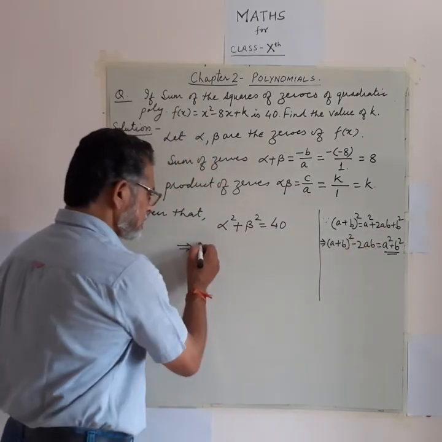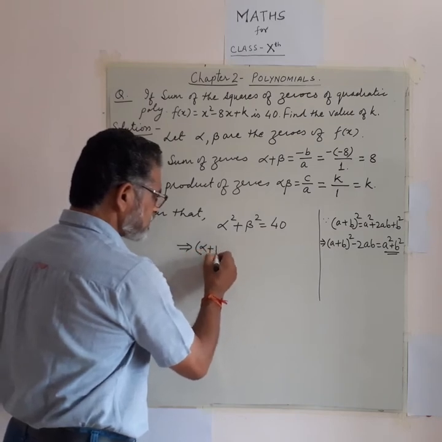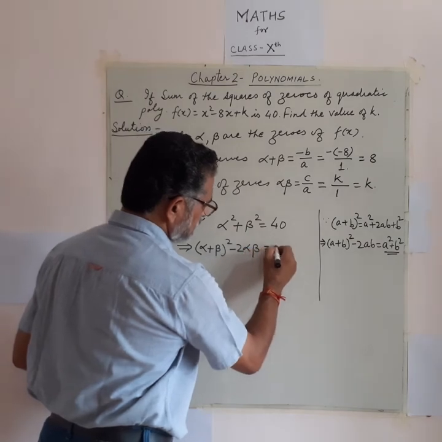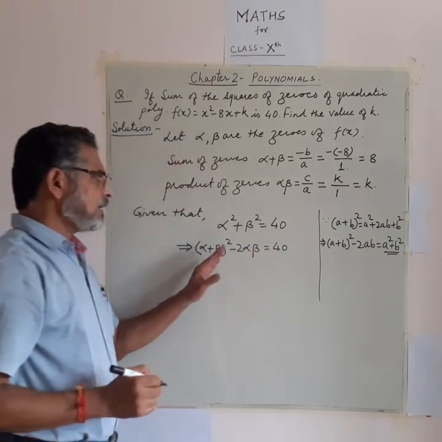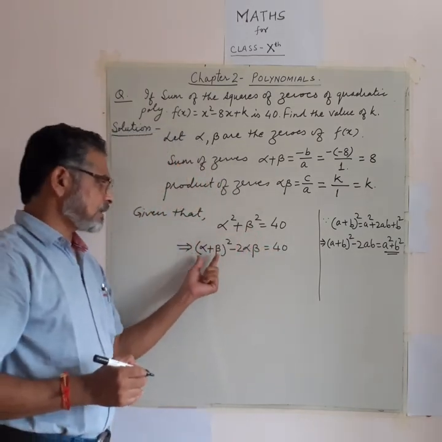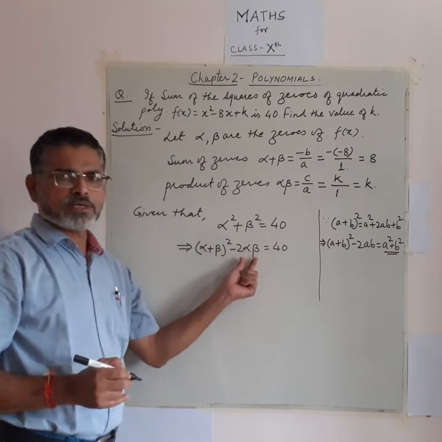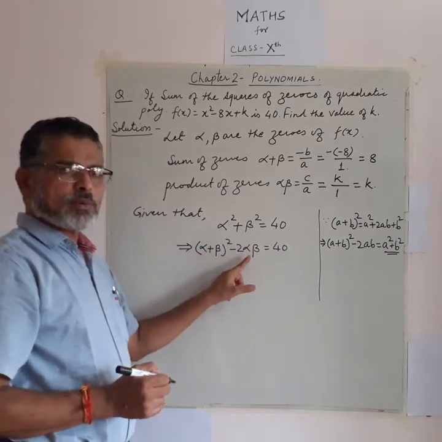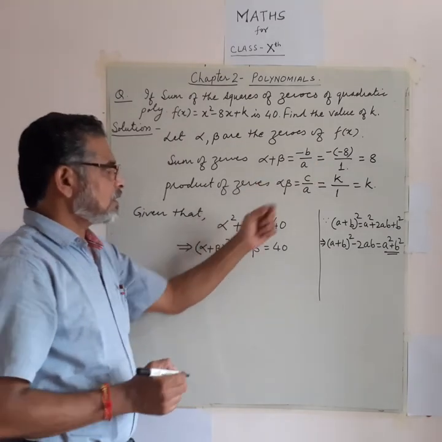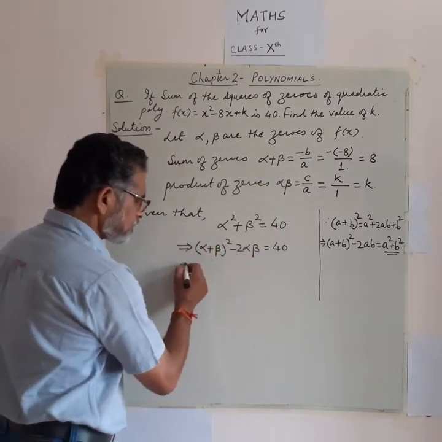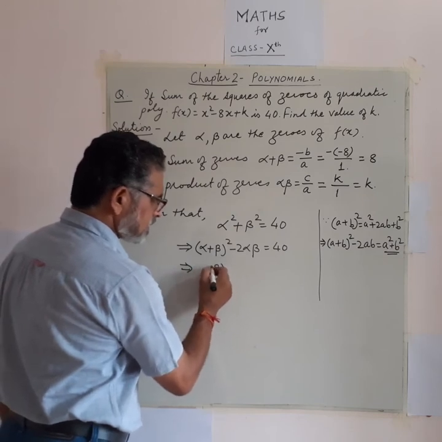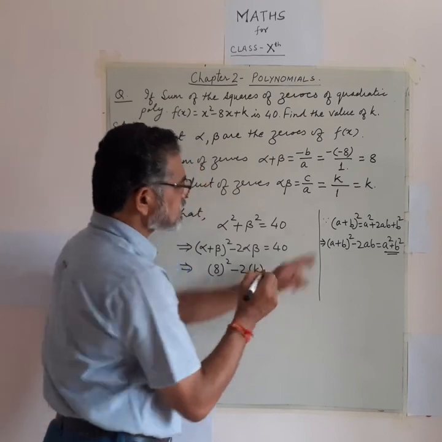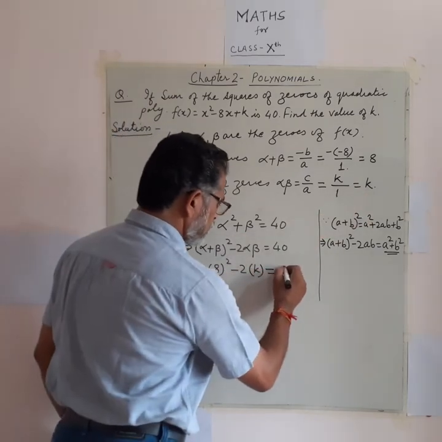So this turns to alpha plus beta whole square minus 2 into alpha into beta is 40. We have transformed alpha square plus beta square into the form of alpha plus beta and alpha into beta. Now you know these values, alpha plus beta and alpha into beta, so put them in. Alpha plus beta is 8, so 8 square minus 2 into alpha into beta, which is k, equals 40.